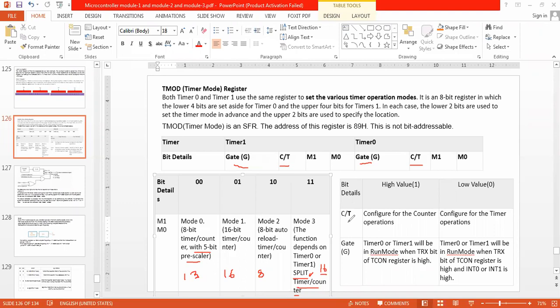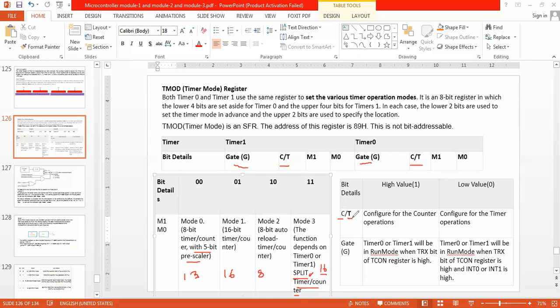Counter uses an external clock frequency to get incremented. Timer uses the internal oscillator to count the number of pulses. Counters are used for event or process measurement. Timer is used for measuring the clock frequencies.